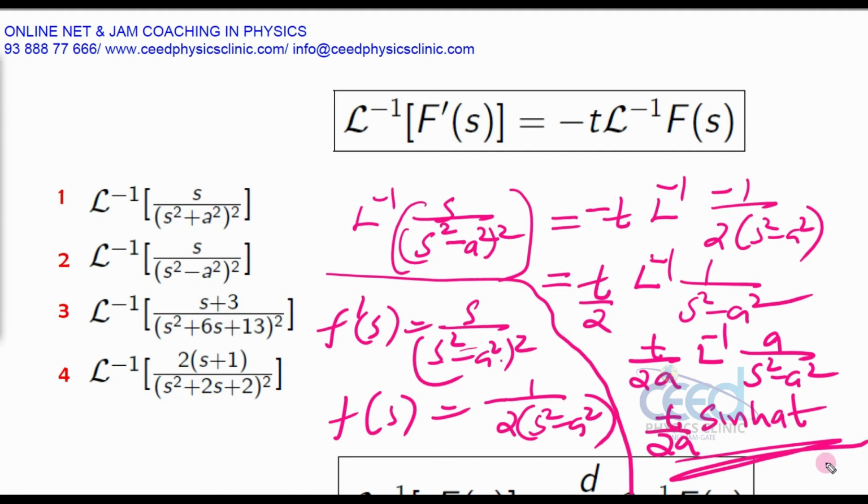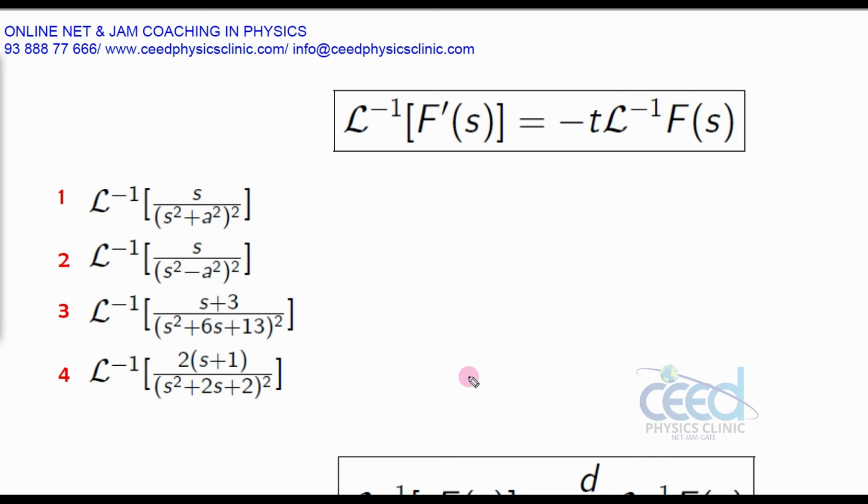Now let me do one more problem. The Laplace inverse of (s plus 3) divided by (s square plus 6s plus 13) the whole square. So I can take this as f dashes.